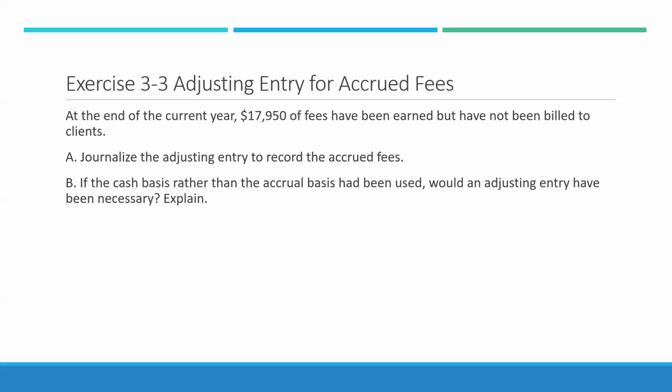So cash basis reports on transactions when the cash is received or paid. Accrual basis reports when the revenue is earned or expense incurred. Does that make sense to you?